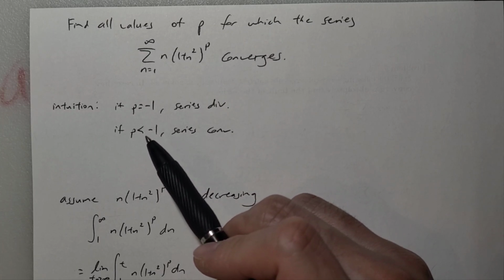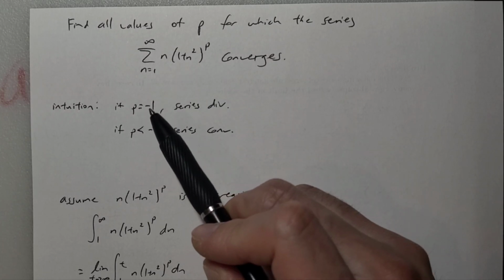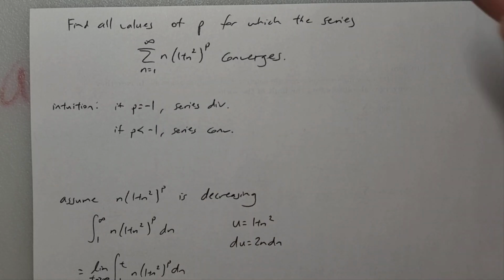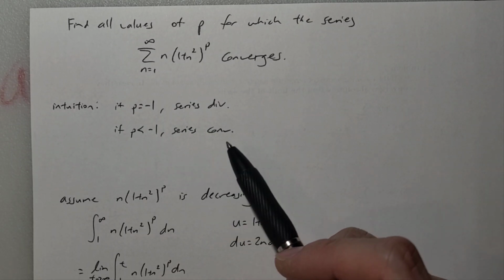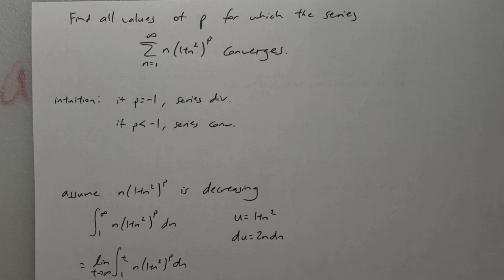And if p is less than -1, so this 1 plus n squared is on the bottom of the fraction and being exponentiated to some bigger number, the series would converge. Again, you can go through the limit comparison test to prove that. That's just my intuition.